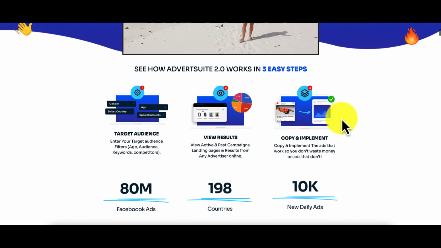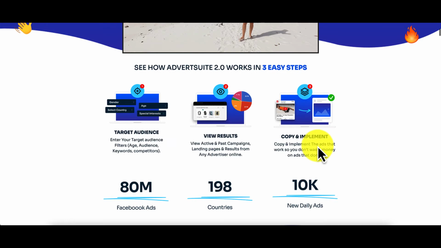Now, as you saw from the demo, in 3 steps, you are able to profit from Advertsuite. Target the audience, view the results, and just copy and implement. And with Advertsuite 2.0, you get 80 million Facebook ads from 198 countries, and every day there are 10,000 new ads being shown to you.